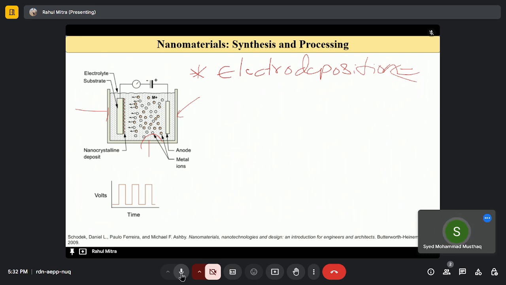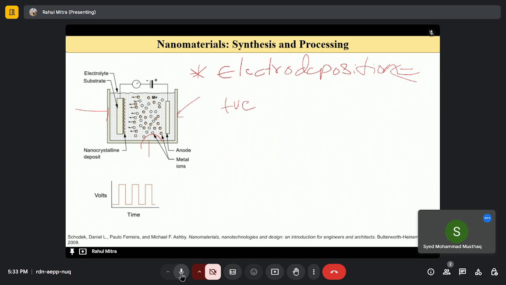And yes, we need a conducting surface, right, so that the electricity can pass and a charge is created on the electrode. To deposit metal layers on the conducting surface, the solution must contain ions so that they can move towards the electrodes. The ions in the solution deposit onto the negatively charged cathode. Suppose I have a positive ion that needs to be deposited.